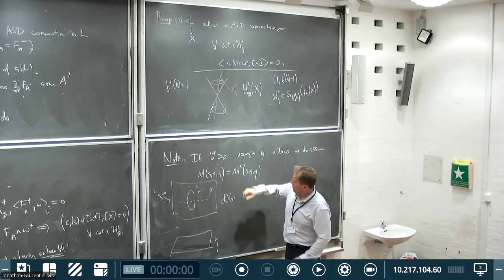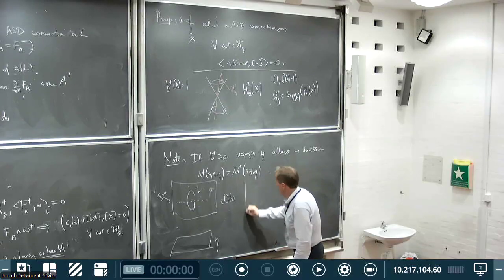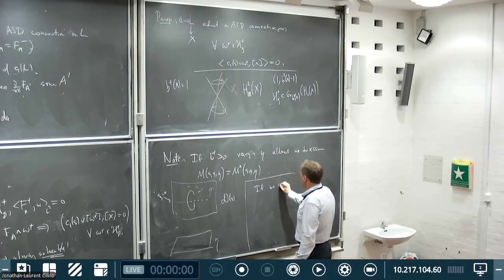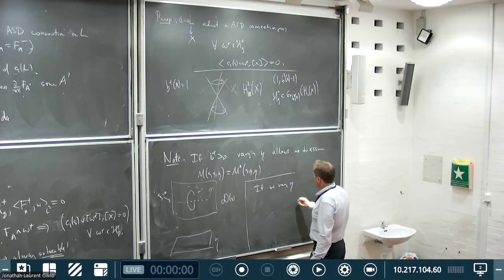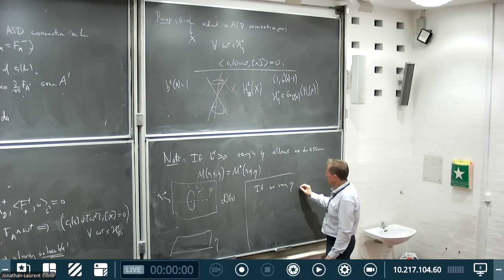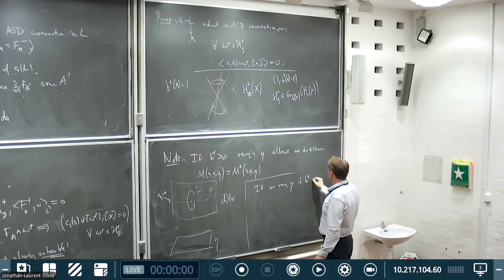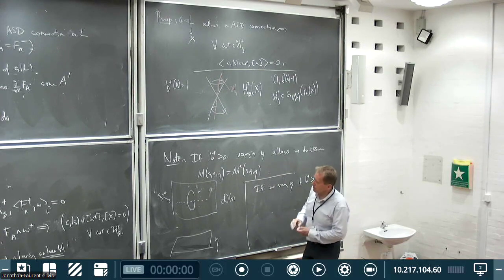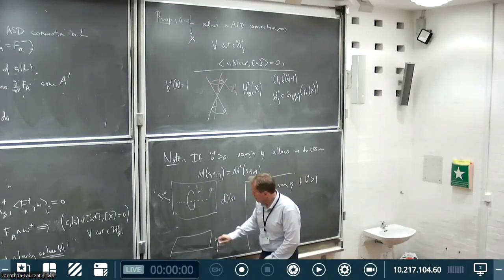But now, if we vary beta, now we can run into trouble. If b plus of x is bigger than 1, we're in good shape.